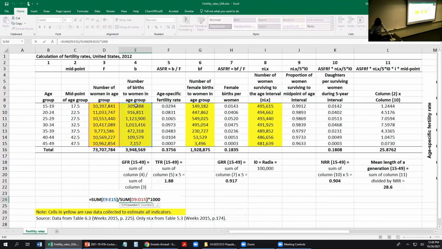It's adding this column and dividing by the sum of this column, multiplied by 1,000. So what we say is that for every 1,000 women in the US in 2012, we had almost 54 births.